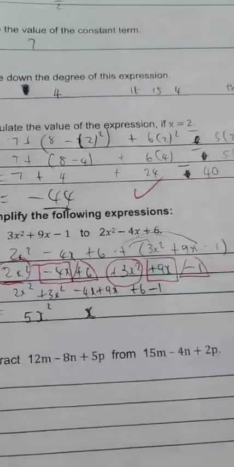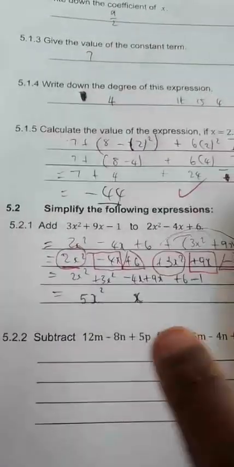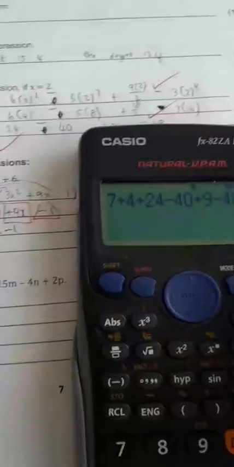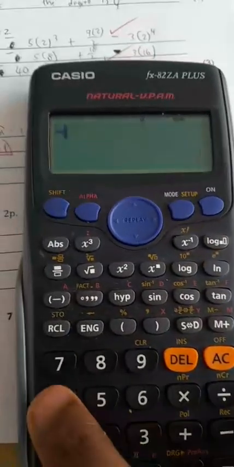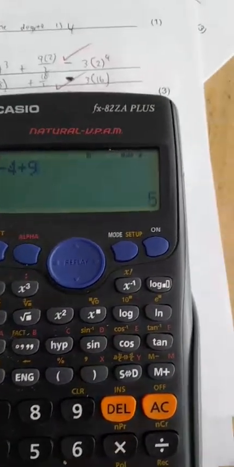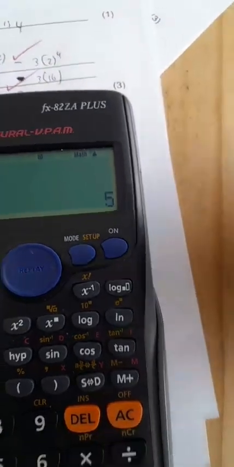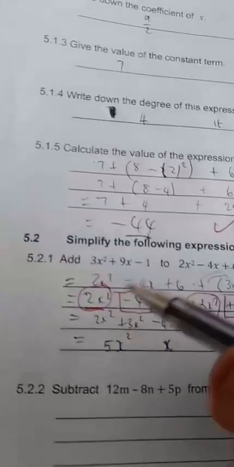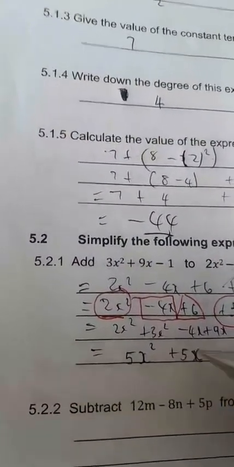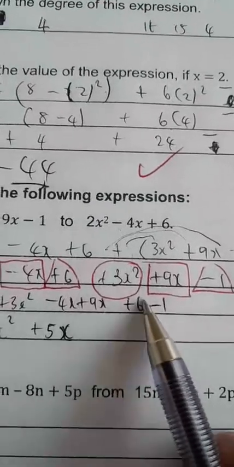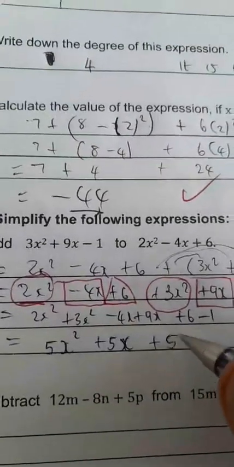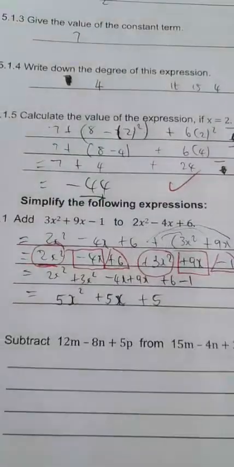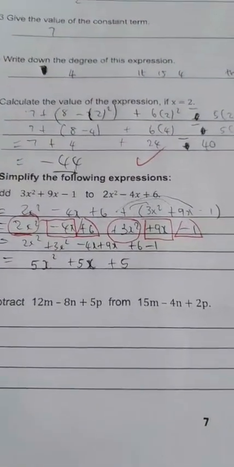Then we add and subtract the coefficients. Now, I know some people butcher this: minus 4 plus 9. So what I usually tell my students to do is to use their calculator, just say minus 4 plus 9, so that you can be sure about the answer and we don't butcher it. So the answer is plus 5x. Then last but not least, what's 6 minus 1? It's plus 5. Guys, that's it. Done and dusted. Finito.